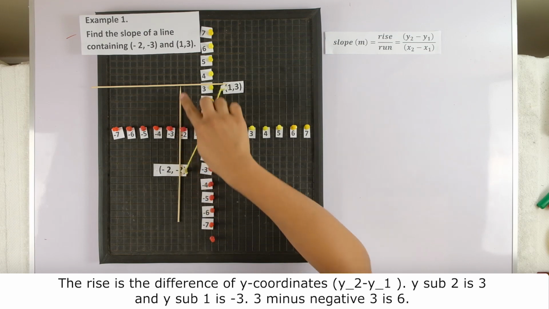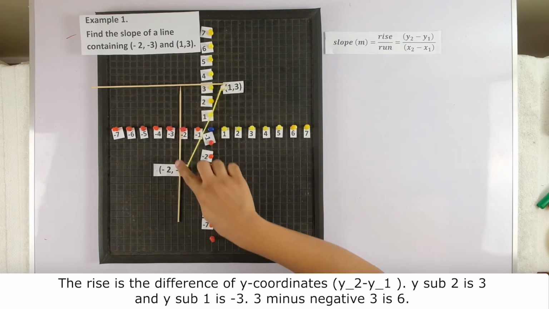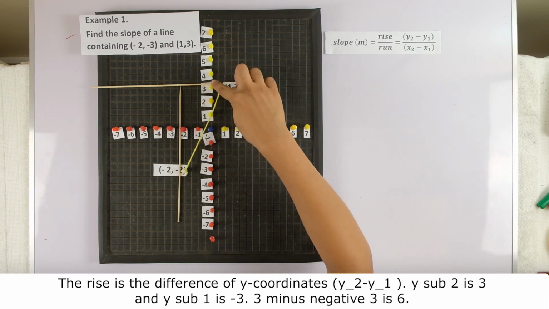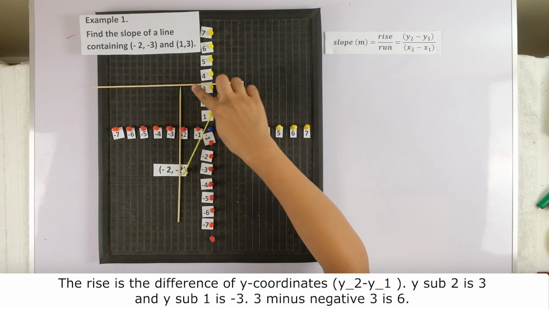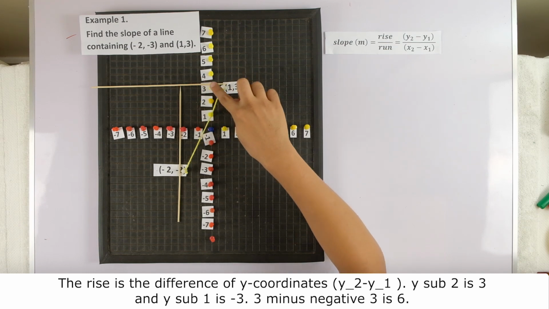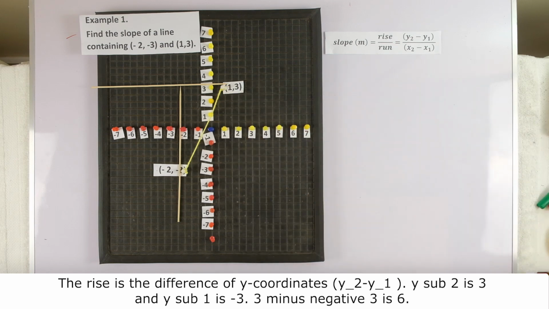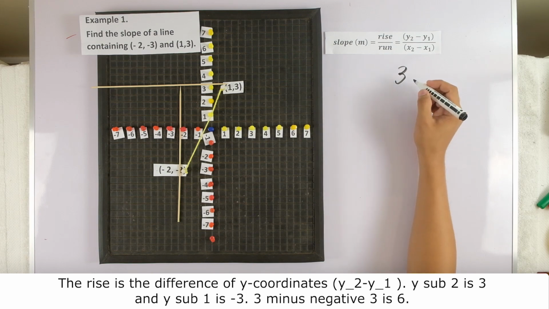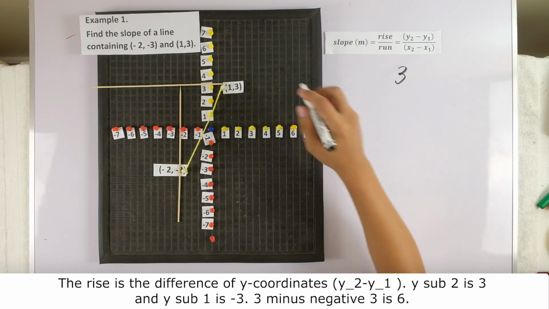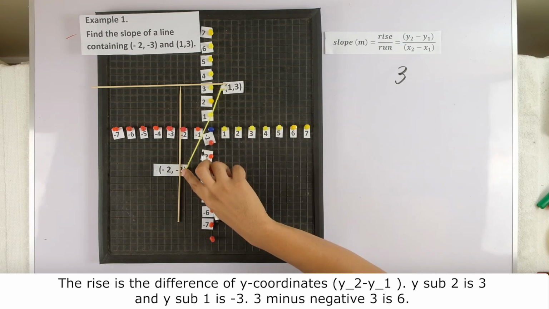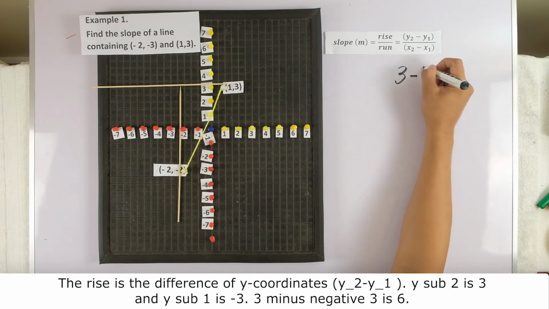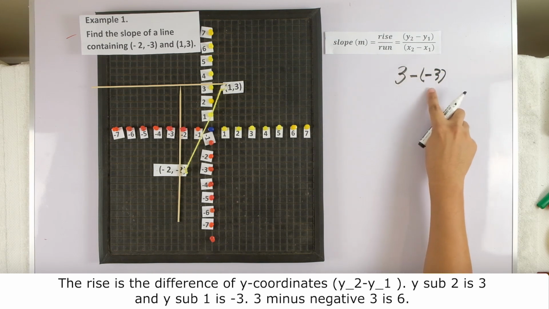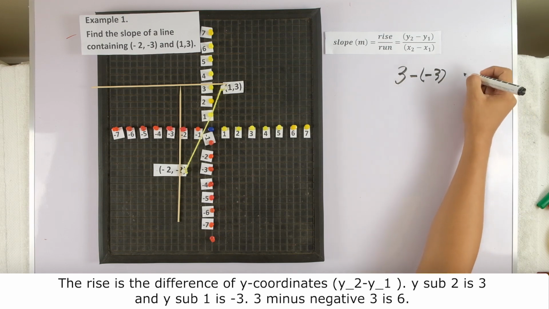The rise is the difference of y coordinate, y sub 2 minus y sub 1. y sub 2 is 3, and y sub 1 is -3. Three minus -3 is equal to 6.